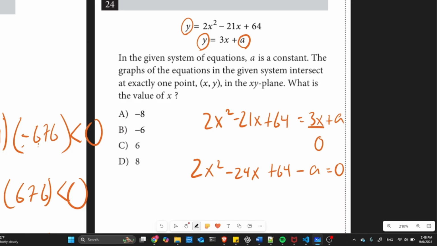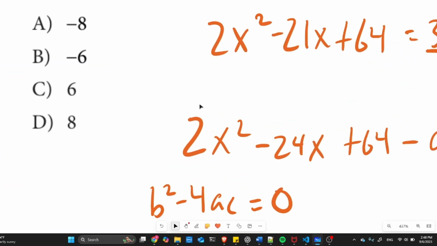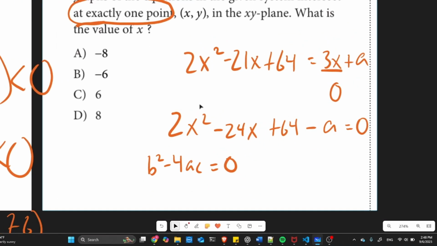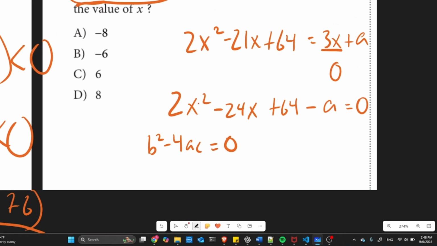Okay, so they intersect at exactly one point. So what do you think we need to do? That's when this is equal to 0 this time, right? Because there's only one solution instead of two intersections. There's one. Okay. So here's the confusing part though. There's 64 minus a. This whole thing is your c because they are both constants.